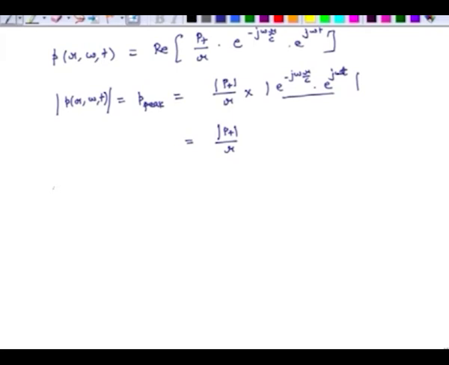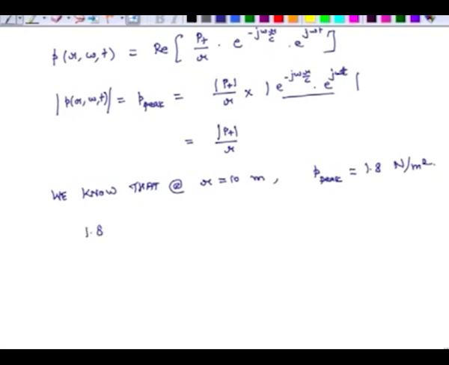So, we know that at r equals 10 meters, P peak is equal to 1.8 newtons per square meter.